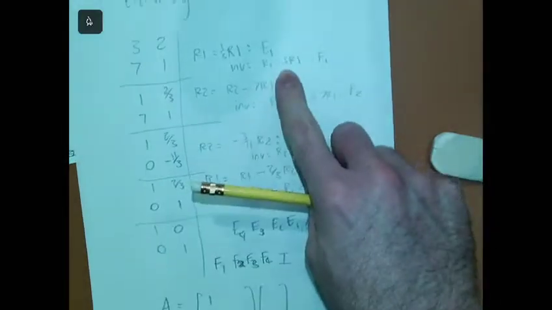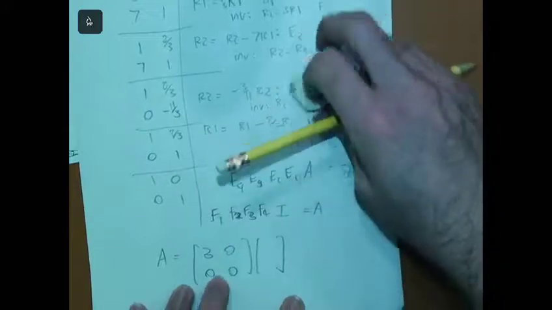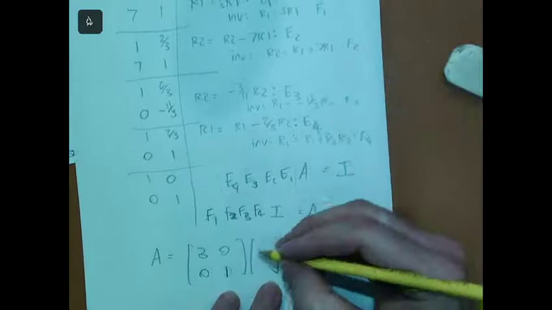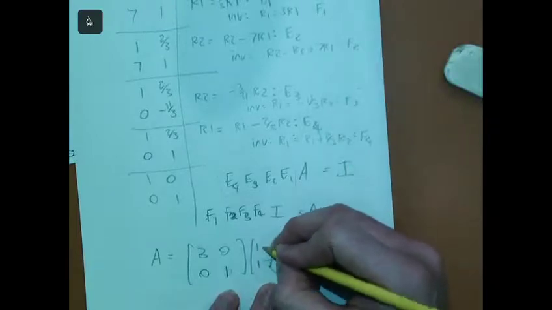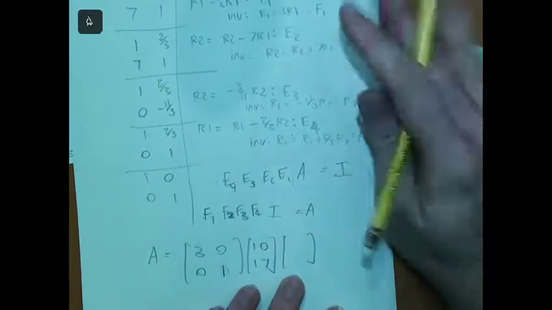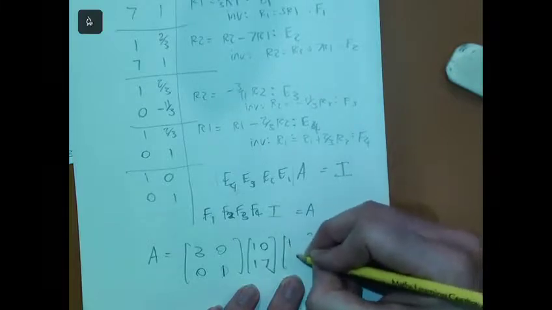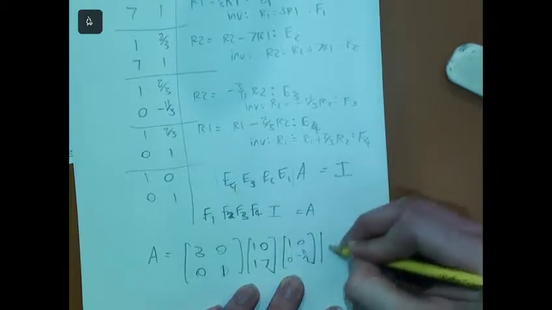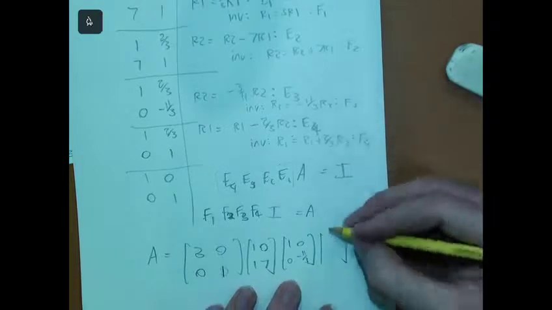F1 is 3 of row 1. Whoa, not a 0. F2 is row 2 plus 7 of row 1. F3 is minus 11 on 3 of row 2. And F4 is row 1 plus 2/3 of row 2.